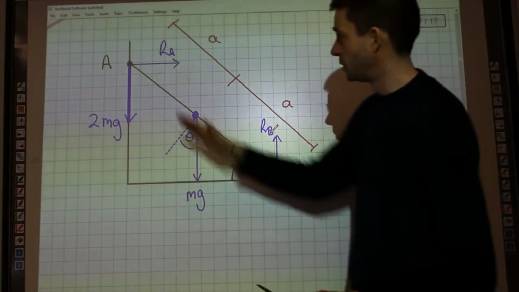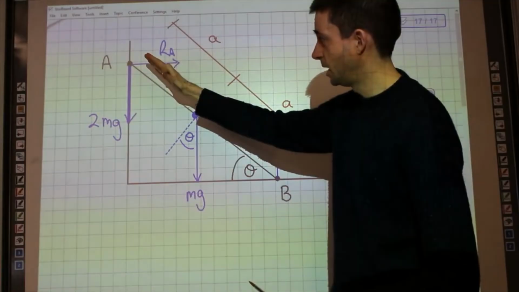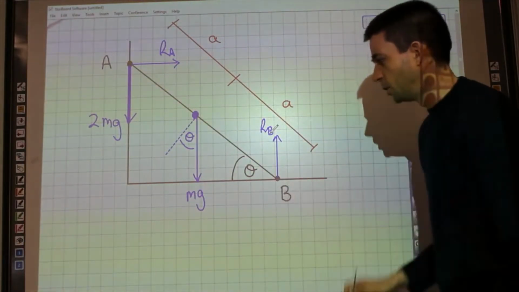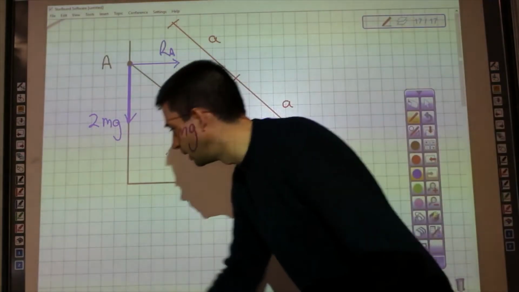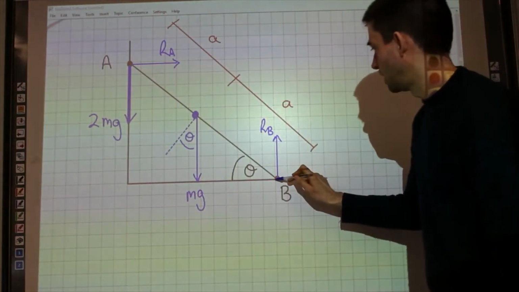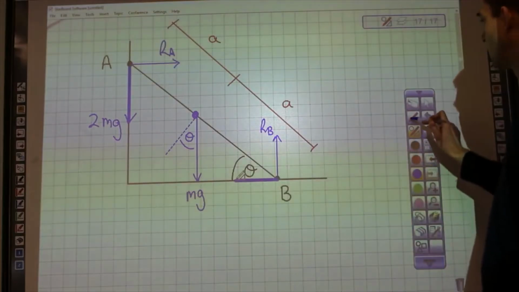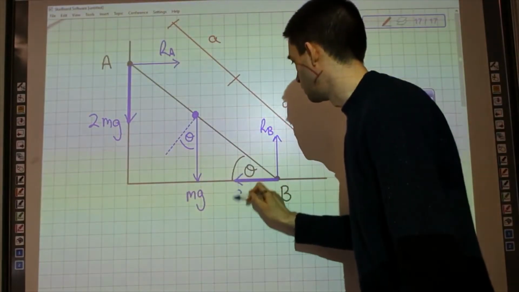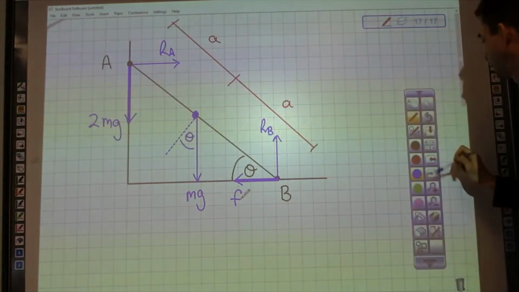Now, we talked before that this ladder here, if it was going to slip, it would slip down the wall, causing B to move this way, which means that friction must be acting to the left, opposing the intended direction of motion. So let's get that labelled on there as well.